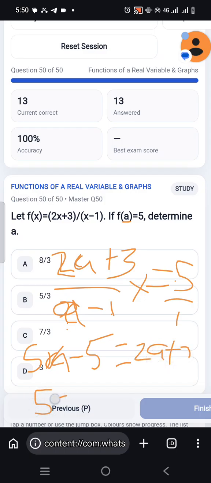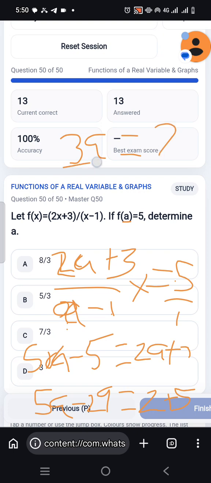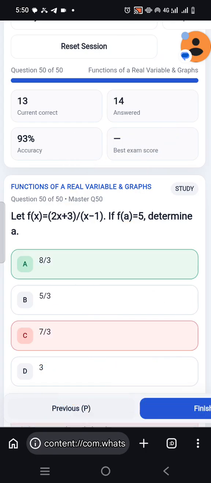Then 5A, take minus 2A to the other side and take 5 to also that side as well. So that will give me 3A is equal to 5 plus 2. Is it 5 plus 2? Hope no mistake. Yes, that is correct. That is 7. Then I divide both sides by 3. So my A is 7 over 3. So the answer is 7 over 3.